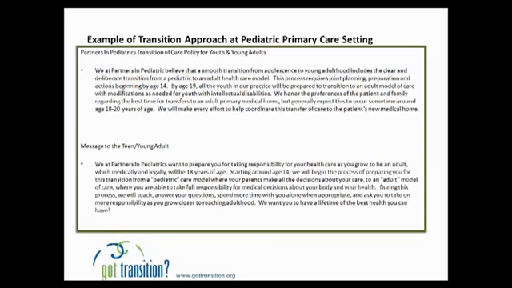Then if you go down, they felt it was really important to have a message specifically to the young adults. They wanted to make sure that this was worded in such a way that young adults won't be confused, and that transition in its core is to help a young person be an independent advocate for themselves. If you only write the transition policy to a parent, you're really leaving the young person out from the beginning, and they were very intentional about not doing that.